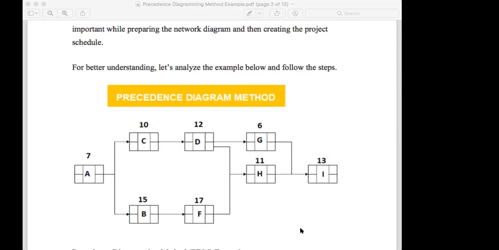That will be the critical path. Then we will say ACDGI is the critical path, or ABFHI is the critical path, whatever it is. So we know how to calculate and what to do. When you see a network diagram, you have to get these things into your mind.